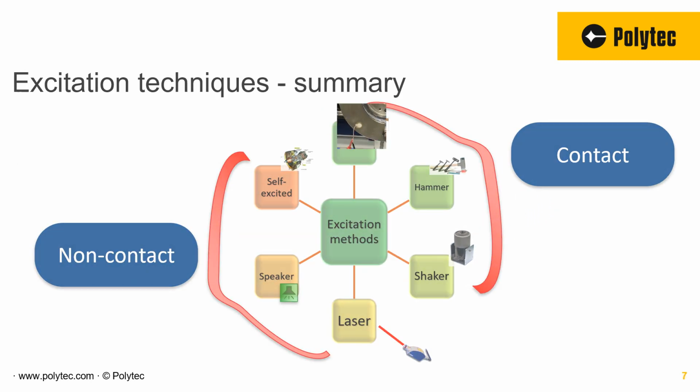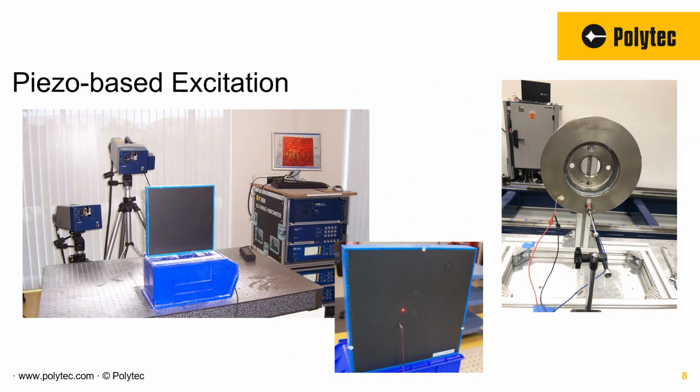Another one that's up and coming, definitely currently used more for higher frequency excitations, is the piezo-based excitation. Generally, it goes with an amplifier as well, for impedance matching and protecting your electronics. But certainly something to consider. I have a couple of examples to show you here. On the right is a piezo disc being used to excite a brake rotor, and on the left is a composite panel.